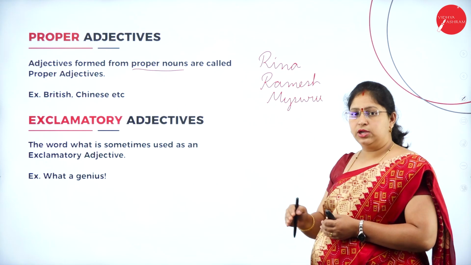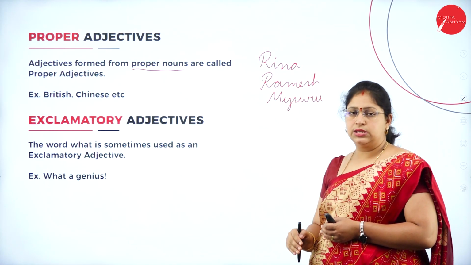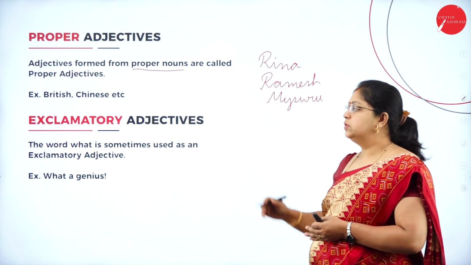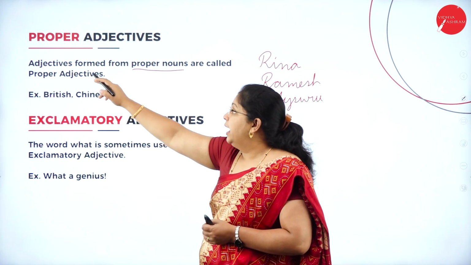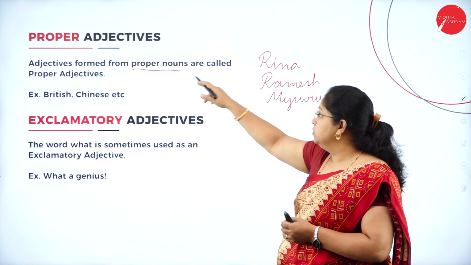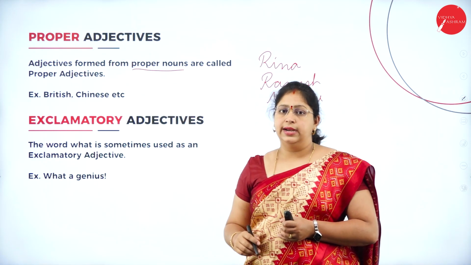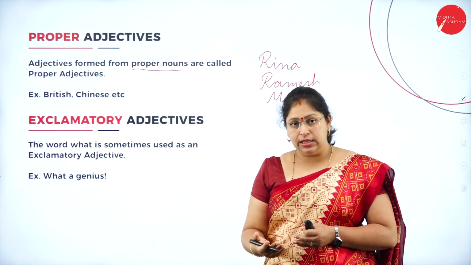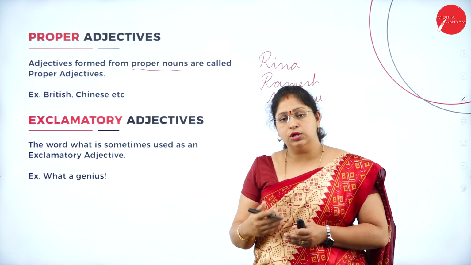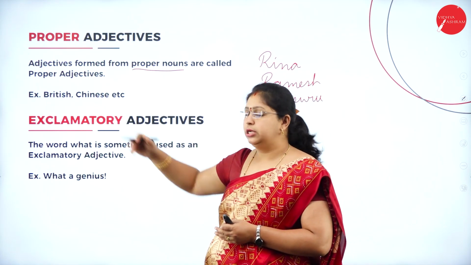This tells very particularly that this is the person or this is the place. So these are called proper nouns. So what are proper adjectives? Adjectives formed from proper nouns are called proper adjectives. See the example here, British. Britain is the place, and the language which belongs to Britain is British.